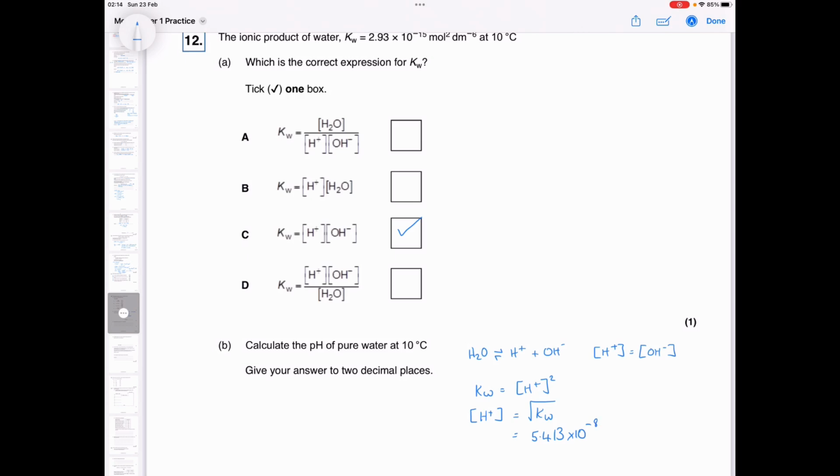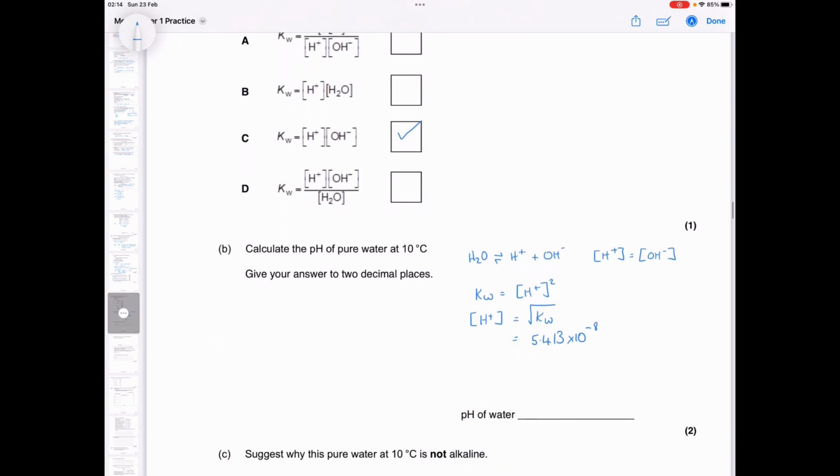and pH is the negative log to the base 10 of the 5.413 times 10 to the minus 8, which is 7.2, and we want our answer to 2 decimal places, so reading from my calculator, that's 7.27.